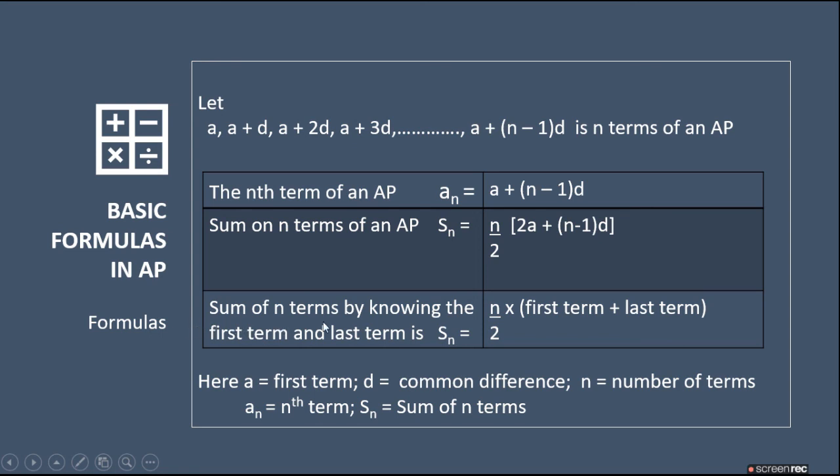Sum of n terms by knowing the first term and last term is Sn equals n by 2 into first term plus last term. Here a equals first term, d is the common difference, n the number of terms, an the nth term, Sn is the sum of n terms.